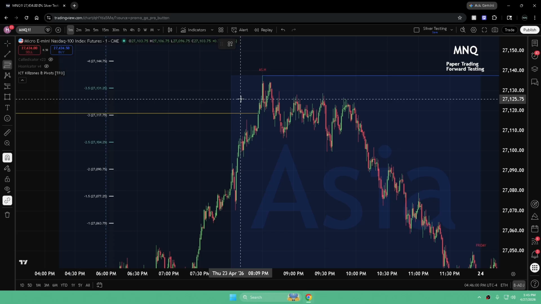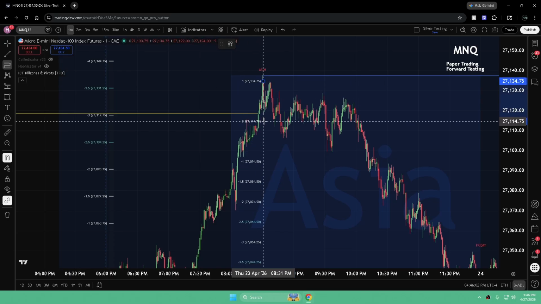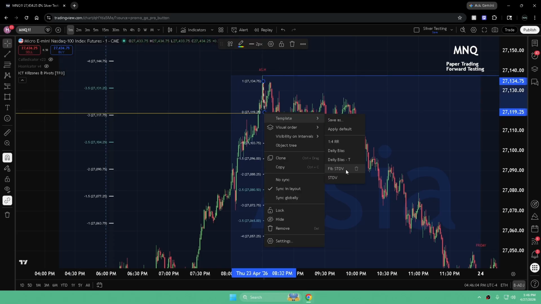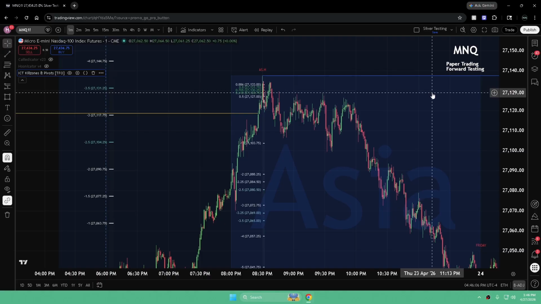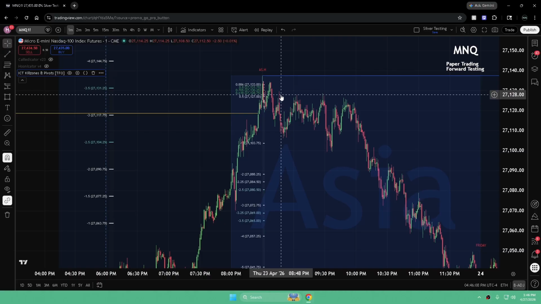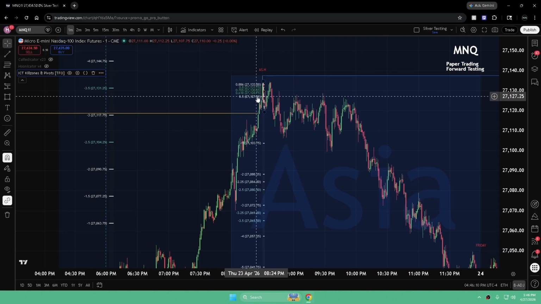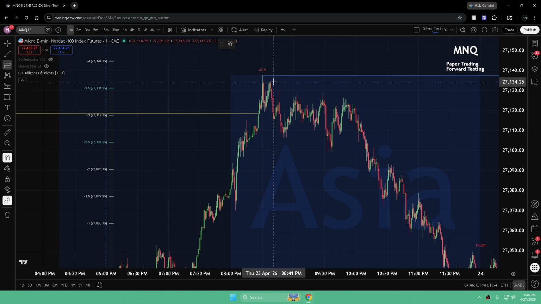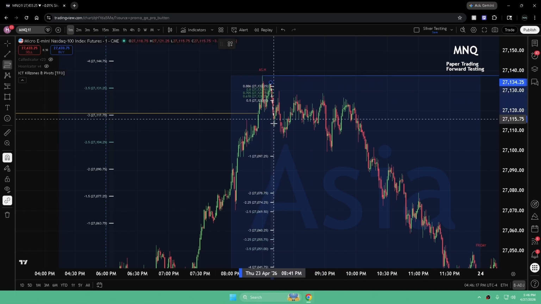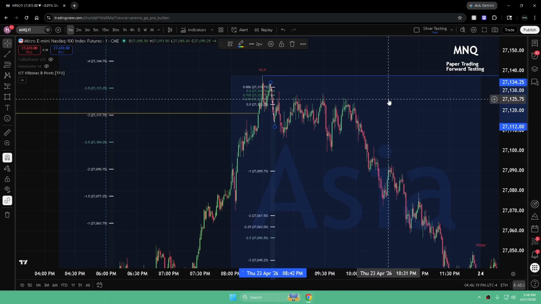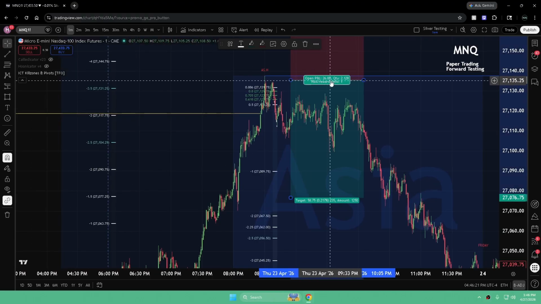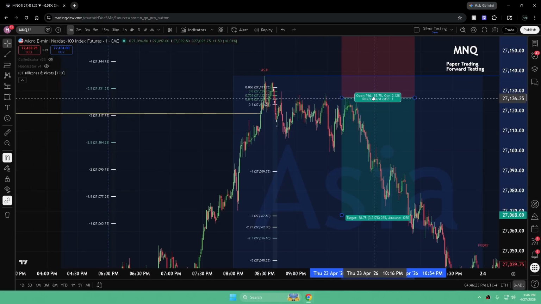So you're looking for OTE of this leg, boom to boom, and you could get in at 618 right here of this candle. If not, you get OTE of this to here, and you get 618 entry, which is what I had.